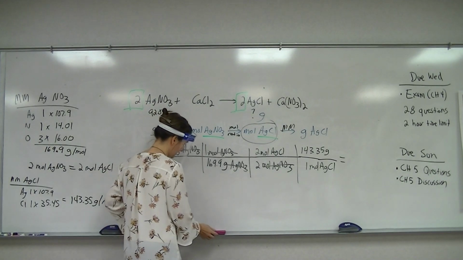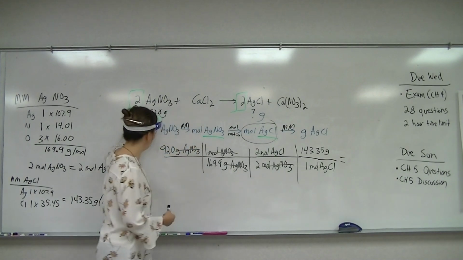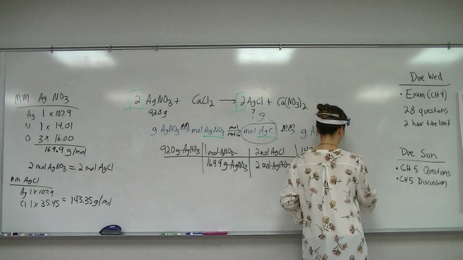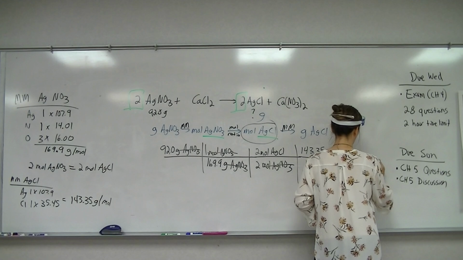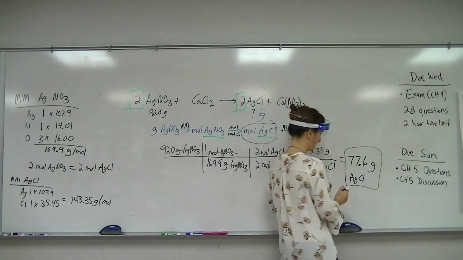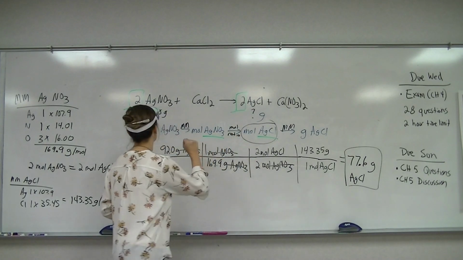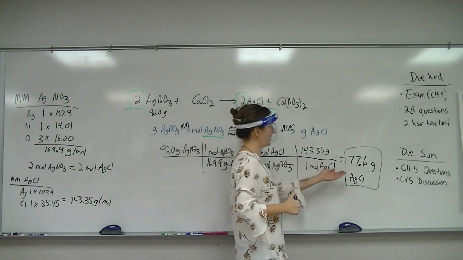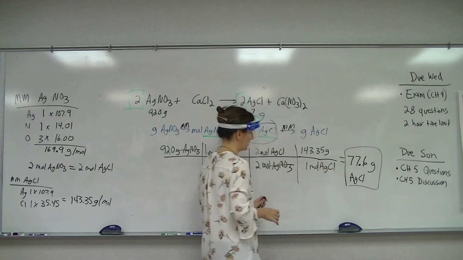I get 77, how many sig figs are we looking at? 3? 77.6. So this would be my theoretical yield. If I used all 92 grams of that silver nitrate, I would produce 77.6 grams of silver chloride.